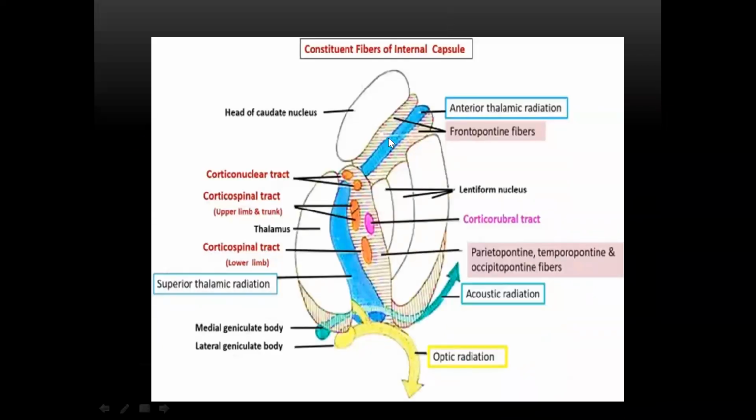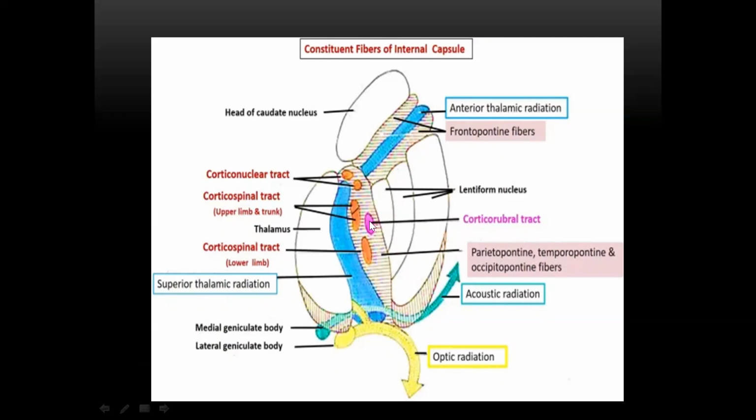Here, showing what each part of the internal capsule transmits. The anterior limb transmits mostly frontopontine fibers. The genu and the anterior two-thirds of the posterior limb transmit most of the motor fibers: the corticonuclear, corticospinal, and corticocerebellar tracts.